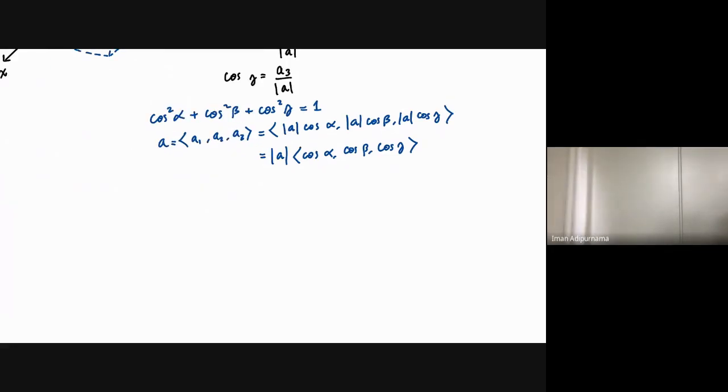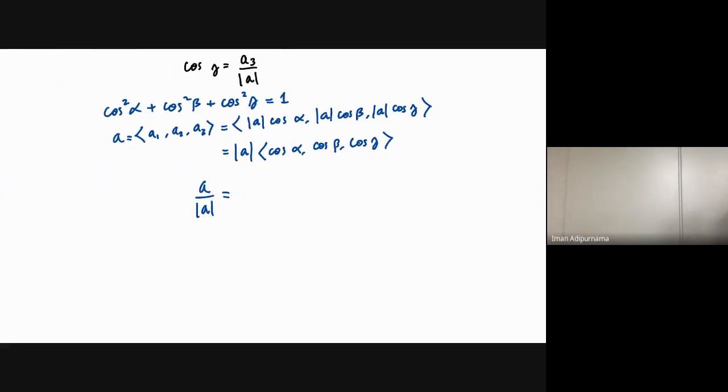And from here, we can also write down that the unit vector, right? The unit vector is equal to this. So this becomes the direction cosines. And the angles are direction angles. Okay.